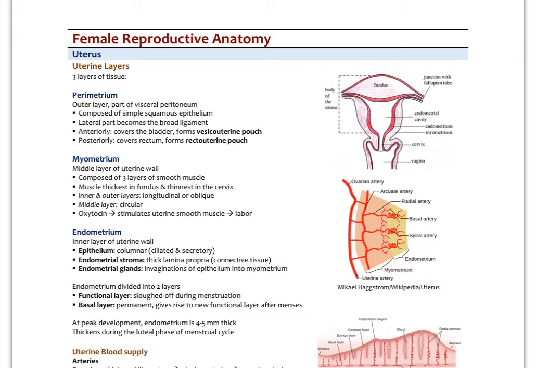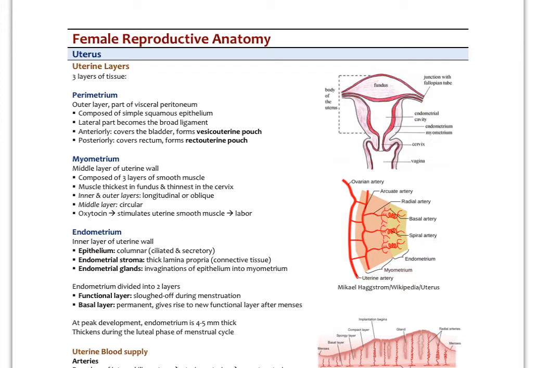The muscle layer of the uterus is the myometrium, and there are actually 3 layers of smooth muscle there. The muscle's thickest in the fundus, and it's thinnest at the cervix. There's an inner and outer layer, composed of longitudinal and or oblique muscle, and then the middle layer is circular.